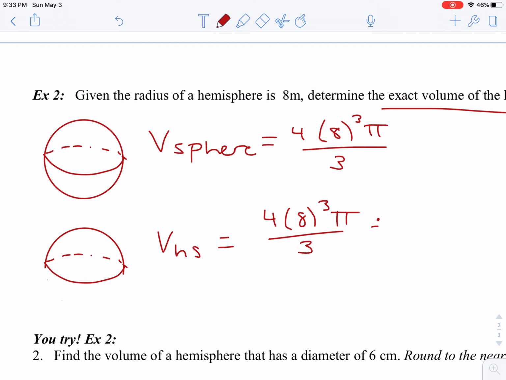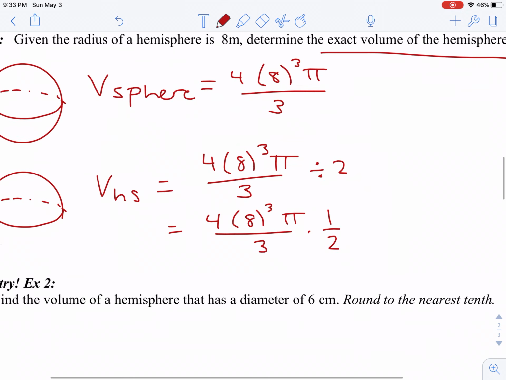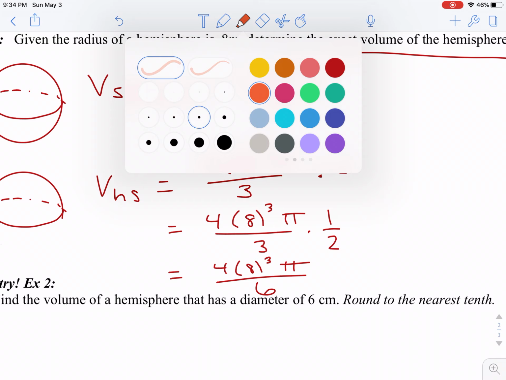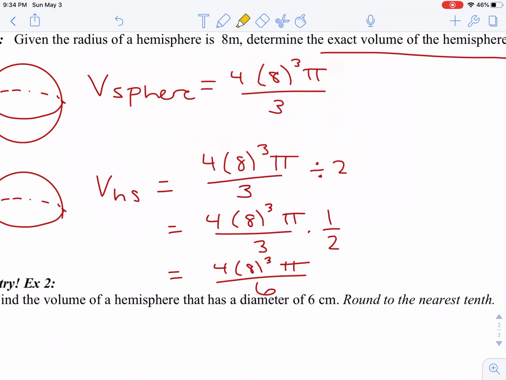It might be easier to think of this as multiplying by a half, because then it's easier to see that this will become 4 times 8 cubed times pi divided by 6. So when we're finding the hemisphere, we have to make sure we're accounting for the fact that we only want half of that sphere formula.